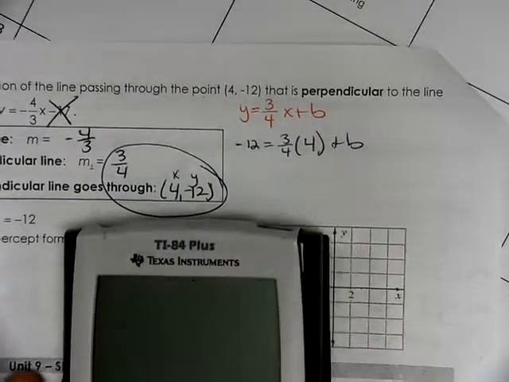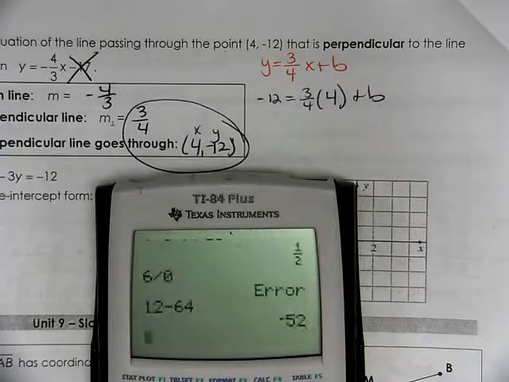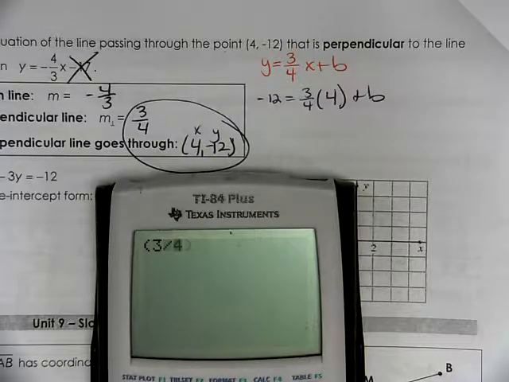Now if you can't do 3/4 times 4 in your head, just use the calculator, just put parentheses. If you don't use parentheses, it gives you the same answer. I will always try to do it so it becomes a nice number.